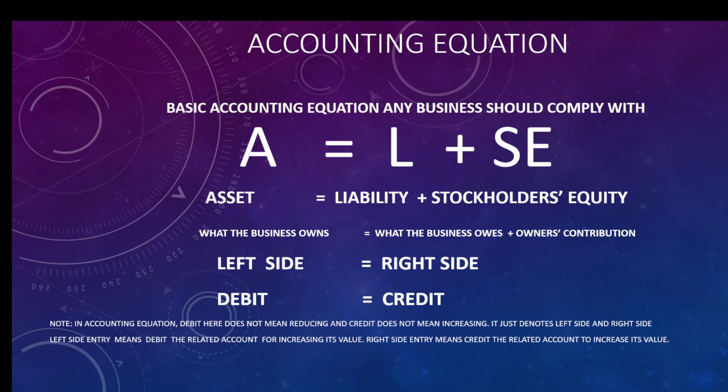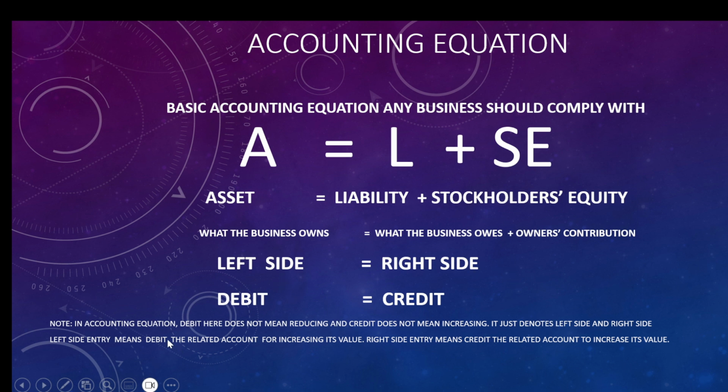Okay. So debit and credit have a different meaning in the accounting equation. What does it mean? In the accounting equation, debit here does not mean reducing the value of this account type. And similarly, credit does not mean increasing the account's value. It just denotes left side and right side.